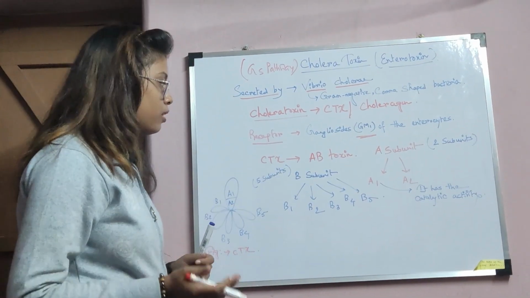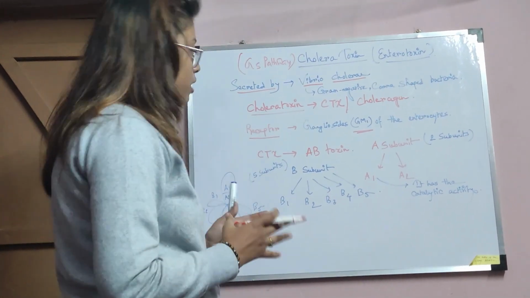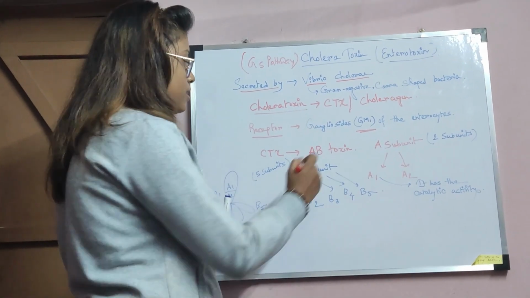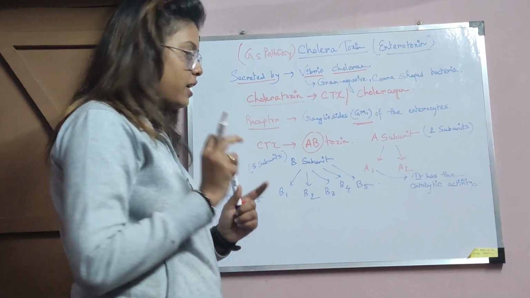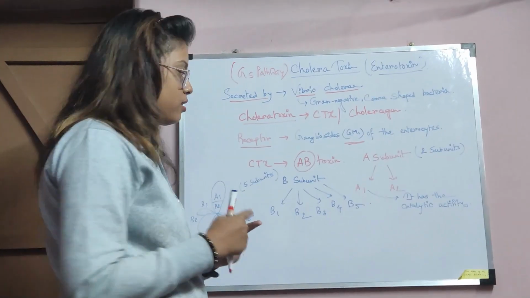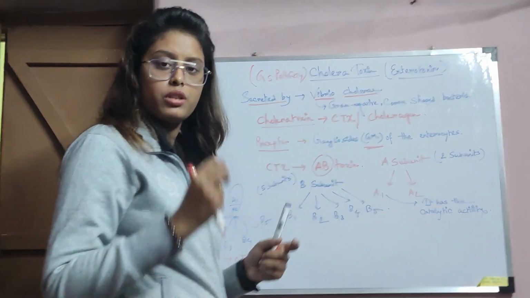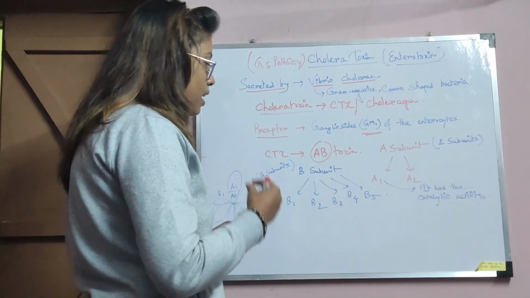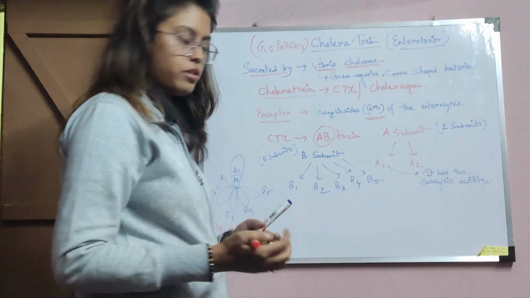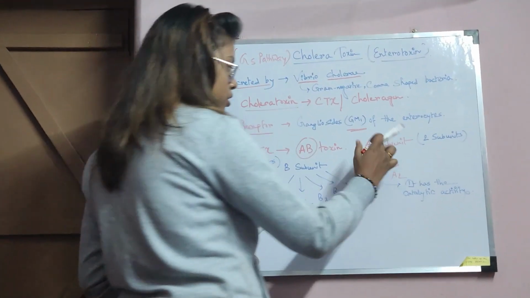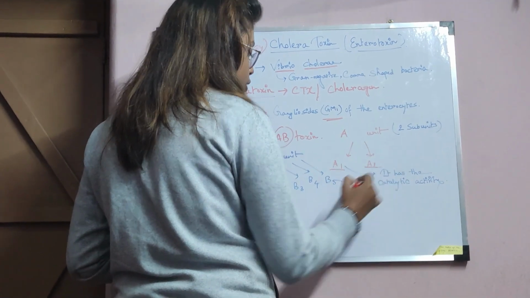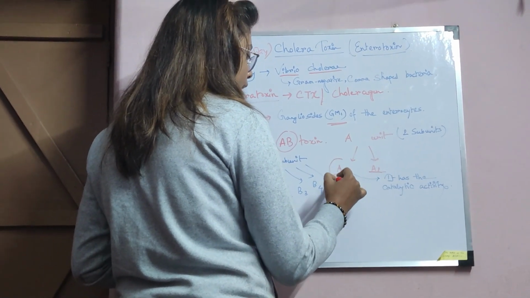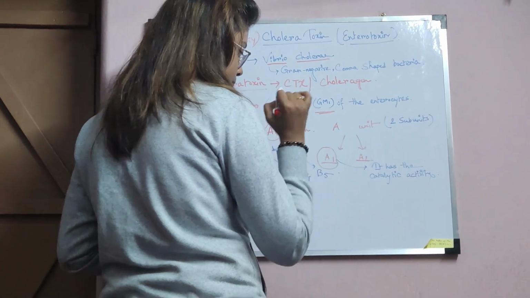So let's come to the structure of this cholera toxin. Basically it is an AB toxin. That means the cholera toxin has two units, the A unit and the B unit, and under these it has subunits. The A unit is divided into two subunits, A1 and A2, and the main catalytically active site is A1.